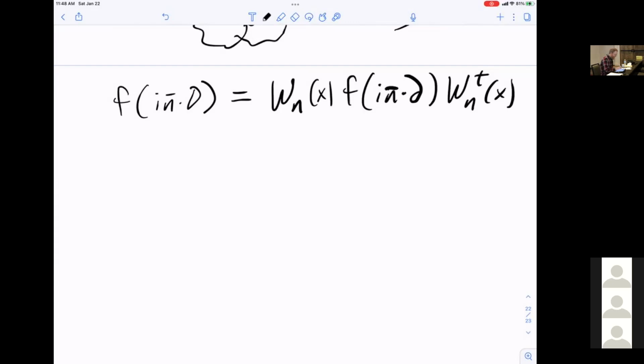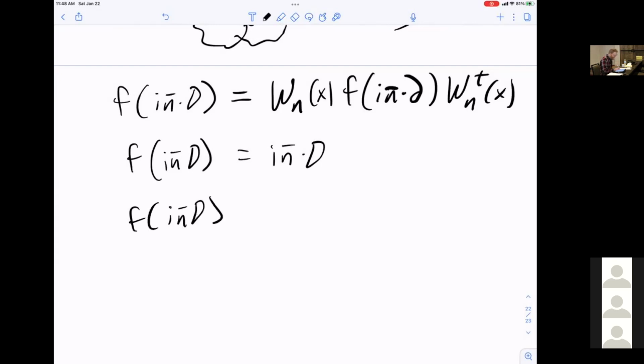Technically, all I'm actually going to show, because I didn't want to spend forever on it, is that this is true if F is the identity operator. But if you show it's true for the identity operator, then the proof generalizes for anything that's actually some polynomial, without any problem, because I can always insert a W and W dagger anywhere I want inside the polynomial.